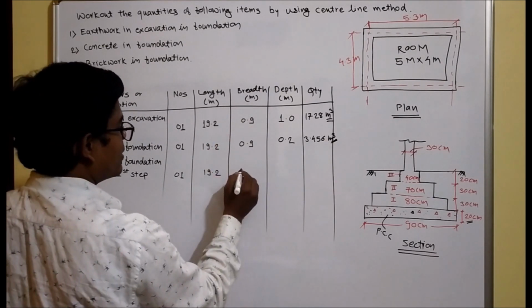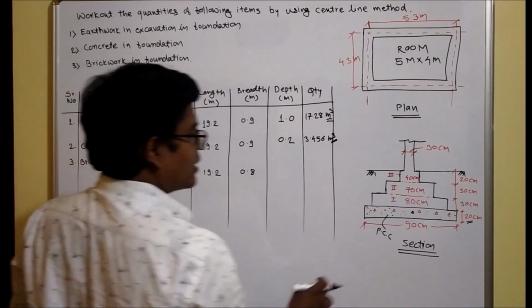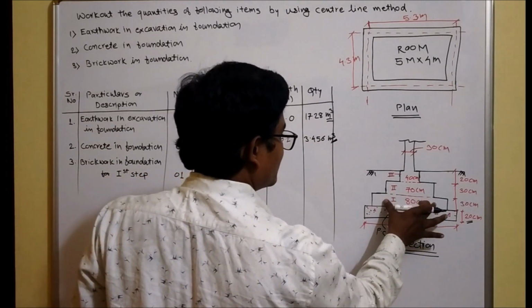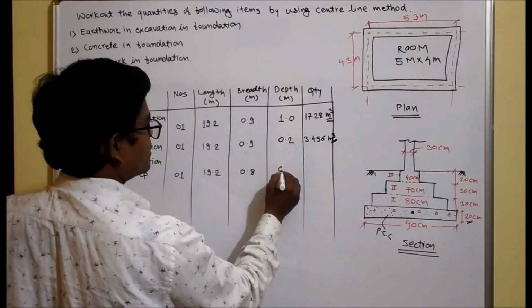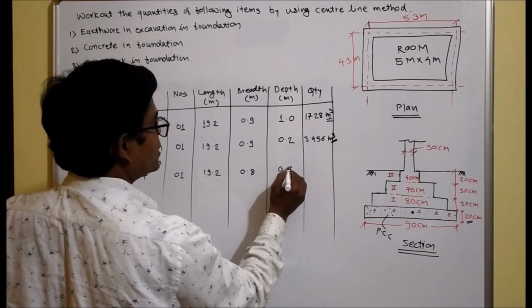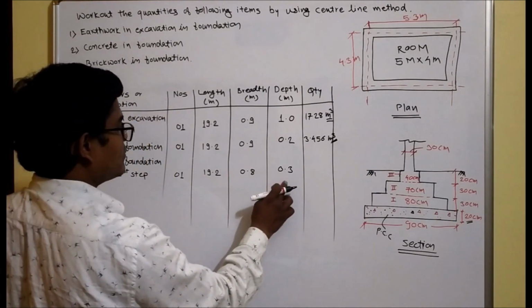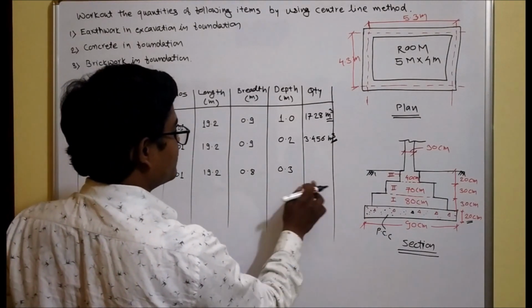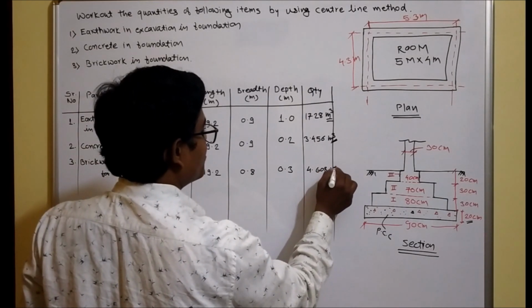So I will write here 0.8 meter. And what is the depth for this first step? 30 centimeter. So I will write here 0.3 meter. So after multiplying these, we will get quantities 4.608 cubic meter.